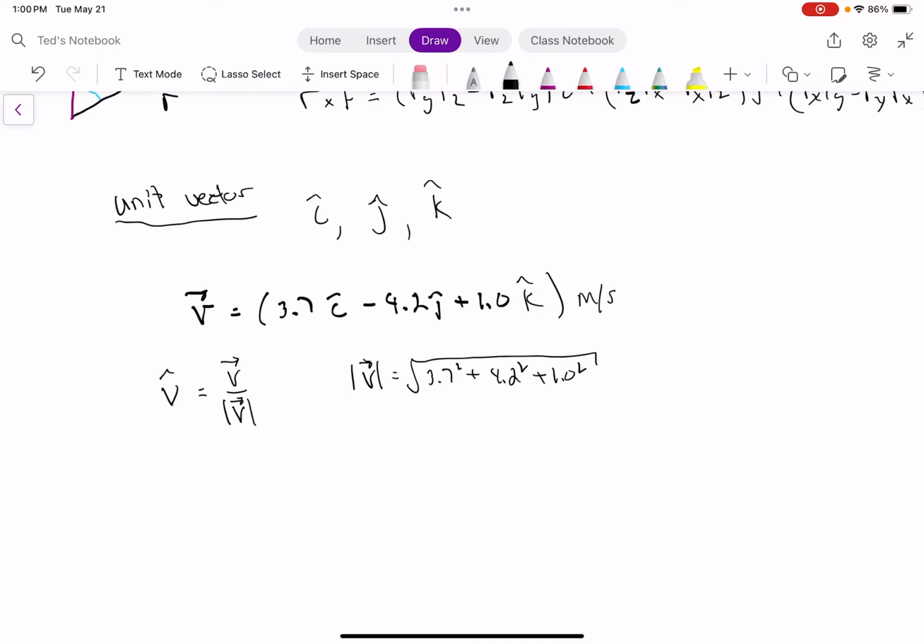So that is equal to, sorry, I'm putting it into my calculator. The square root of all that gives me 5.6859.